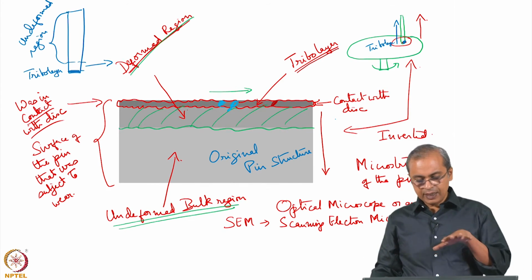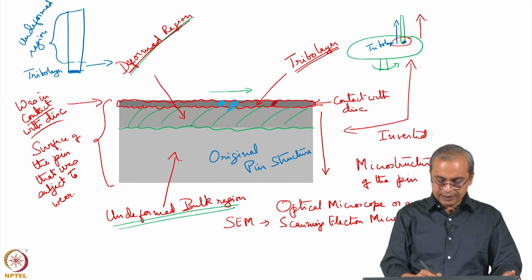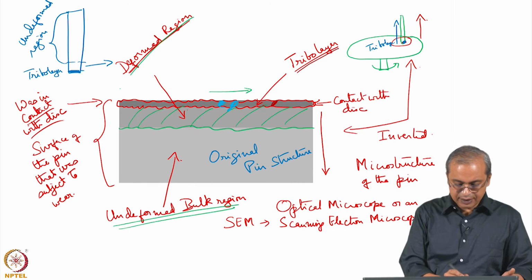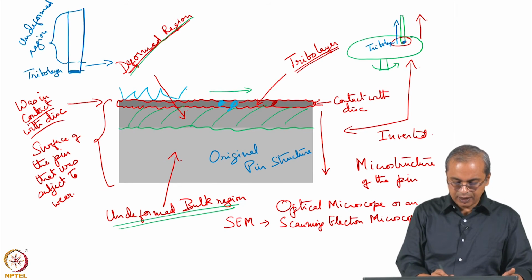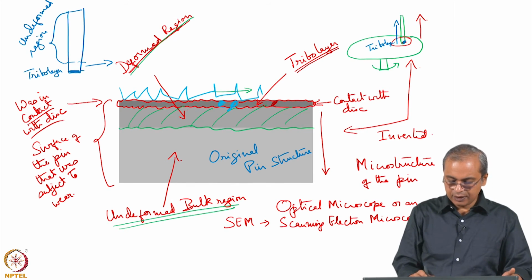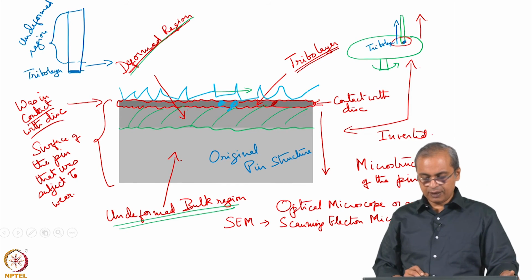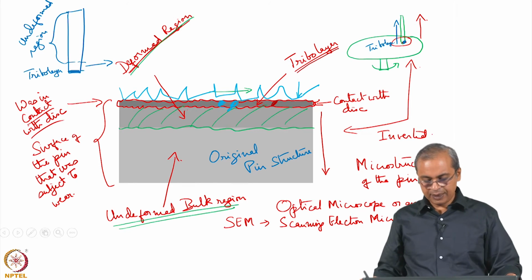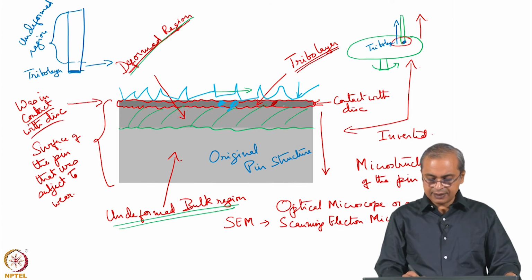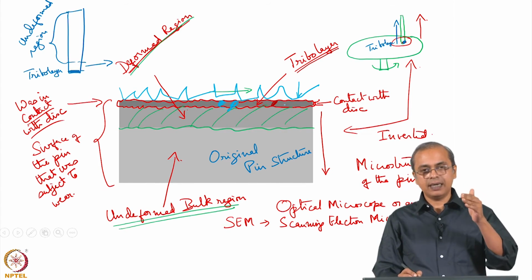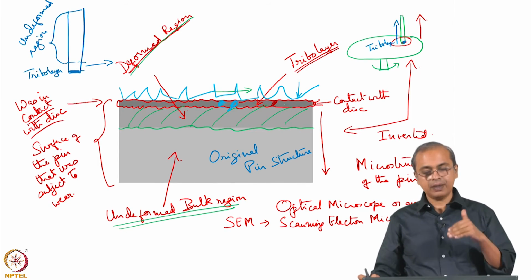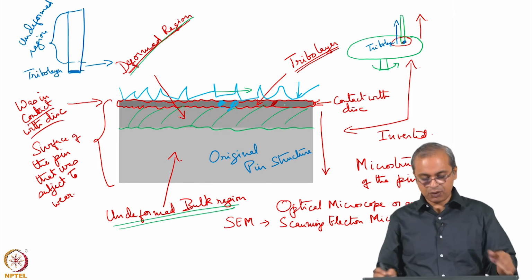So, similarly you can have a situation where, as you are doing the test, the roughness of that wheel or the disc is pressed against the pin, and this roughness is trying to provide a wear action on that surface.